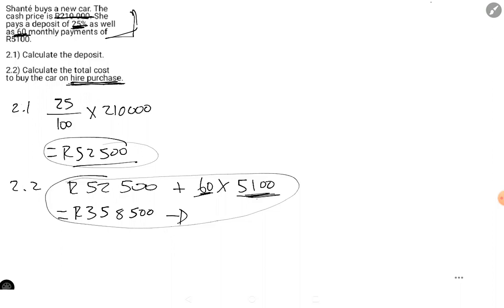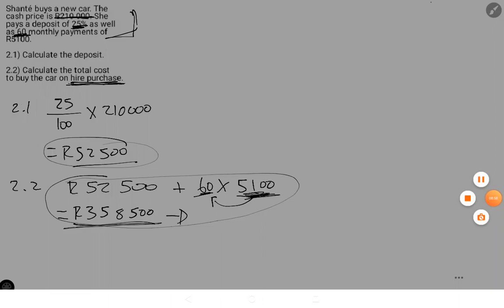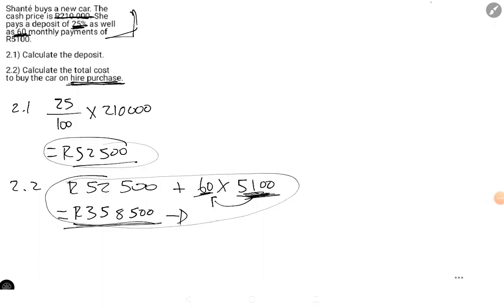So you're paying this 5,100, 60 times. Do you see that? And so the total that this person pays, which is Shanti in this case, is this amount here, 358,500. And so that's how you do this, and it's very easy stuff.